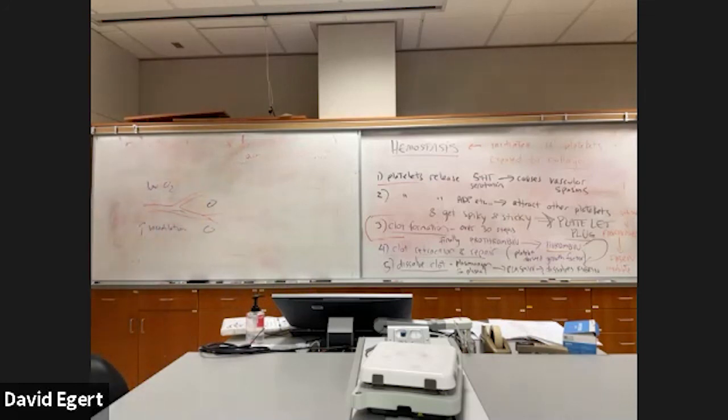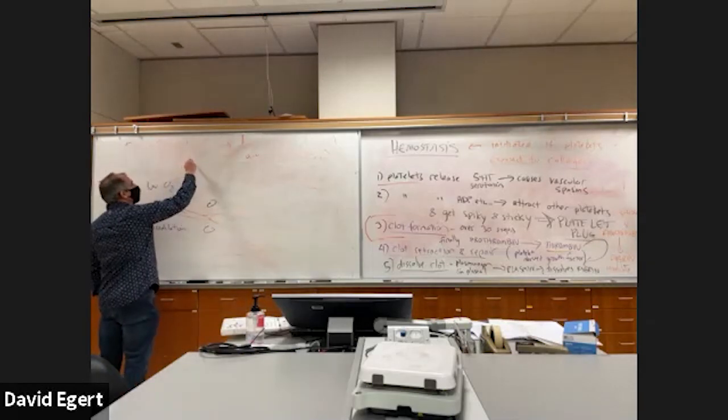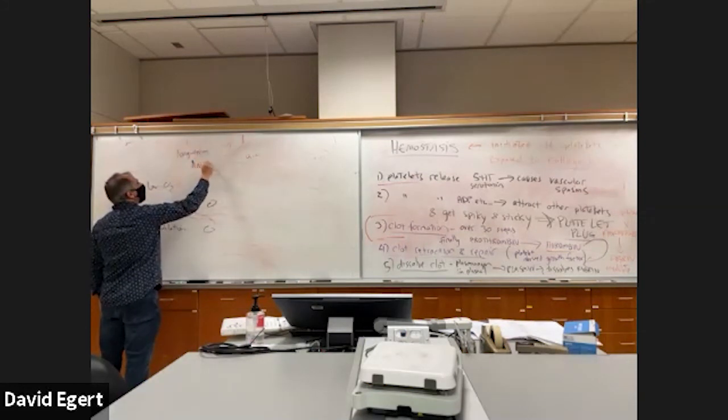What if there's chronically low oxygen? The body's doing its little things to adjust the flow, but it's chronically not enough oxygen in the region that you're trying to deliver oxygen to. What can the body do?